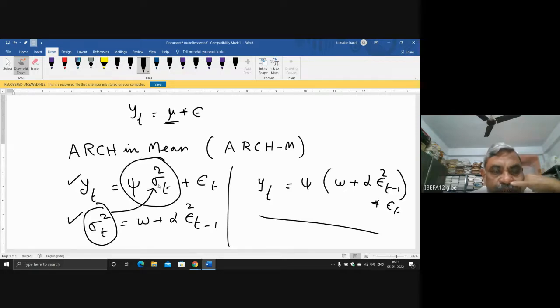What is this actually? You are introducing the volatility here itself. If volatility is high, expected return is also high, and that is incorporated in the mean. So the mean expected return also varies according to the volatility. That is the idea. That is, in the mean equation, that modification is made. Okay.